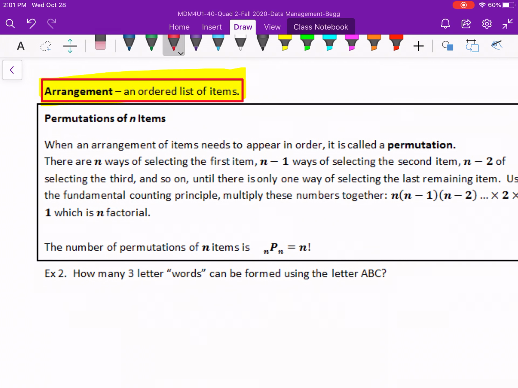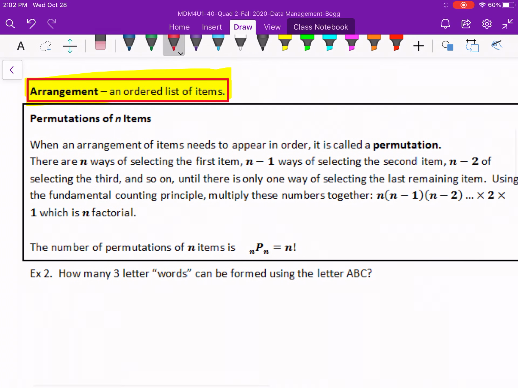How does that come into play with permutations? When an arrangement of items needs to appear in order, so an arrangement already is implying order, then it's called a permutation. Okay? All right, great. Permutation.